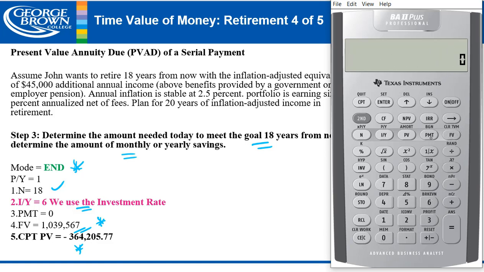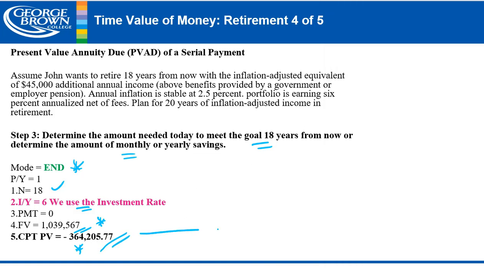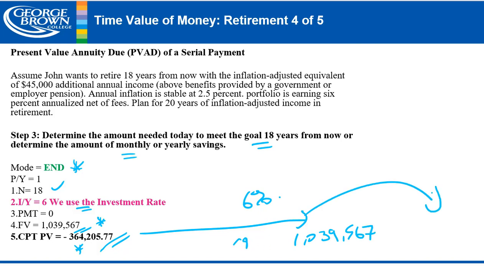There's no payments, so we're going to compute the present value, and it's $364,205.84. So put another way, if I have that amount today and I invest it at 6% on average, compounded annual average growth rate, then 18 years from now, I'm going to have $1,039,567, and that should be able to fund me retirement for 20 years.